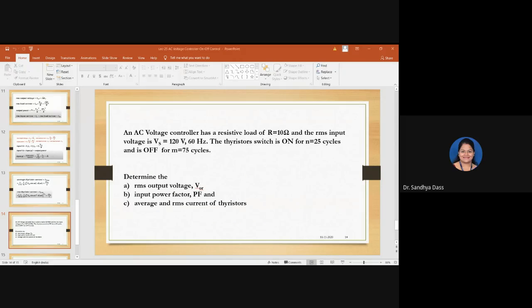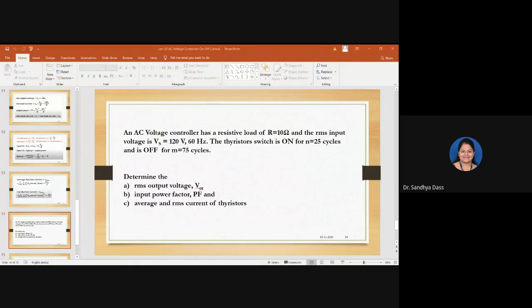Okay. That is about average current. What about RMS current? Who will give me an answer? Anil Nair, what is the RMS current of thyristor?